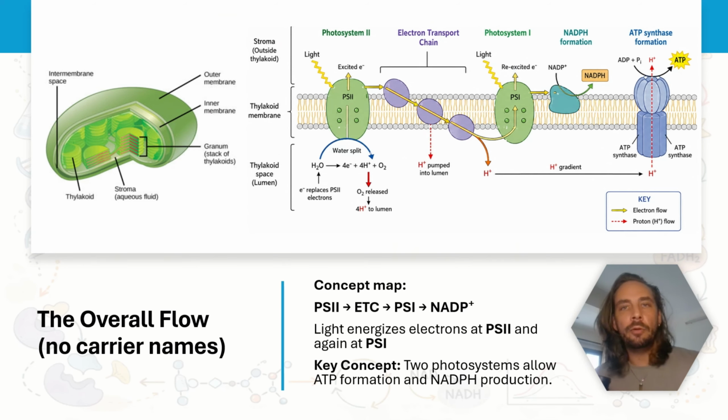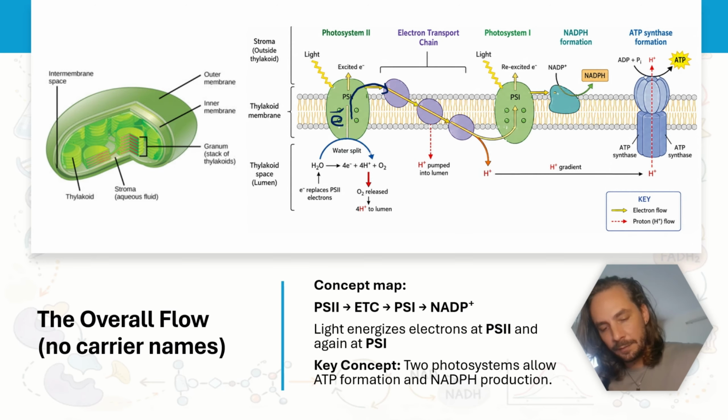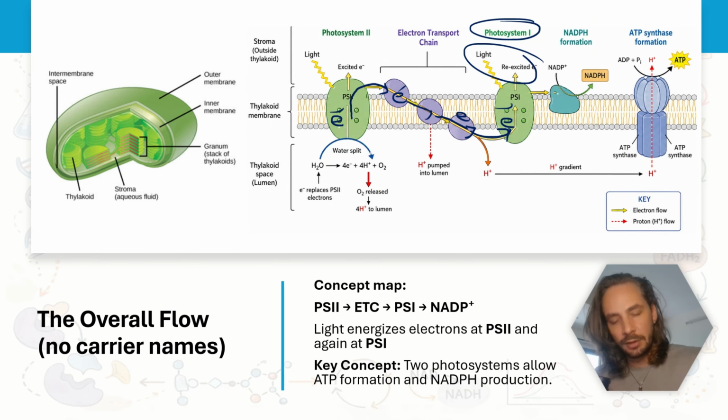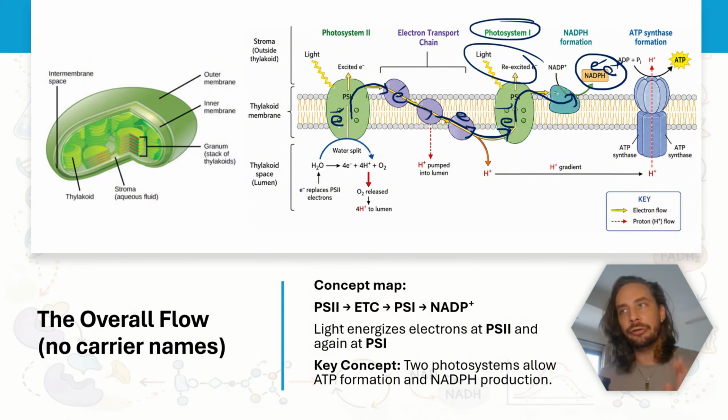For the overall flow, we start with photosystem 2. The electron moves in photosystem 2 to the electron transport chain to be accepted by photosystem 1. Here, it will be re-excited by another photon of light, and it would ultimately move to be accepted by NADPH, and it will carry those electrons.